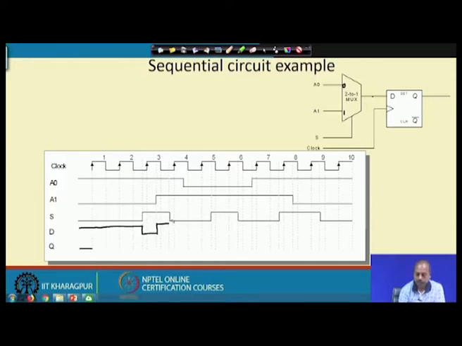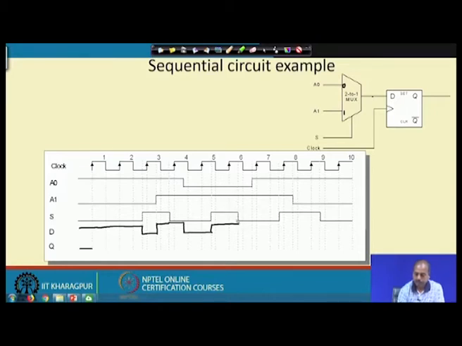So, A 0 will get selected, but A 0 is high here. So, it will continue like this, and then at this time it will be coming down, and then S is high, S is low, for this much time it will be like this. Then this A 1 is high here. So, A 1 gets selected, and then S is becoming low here.